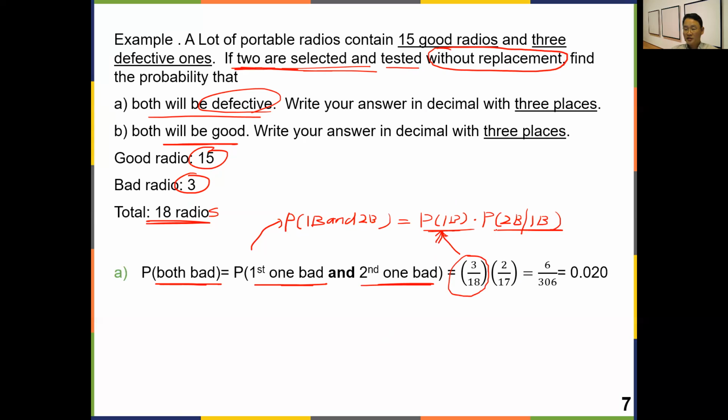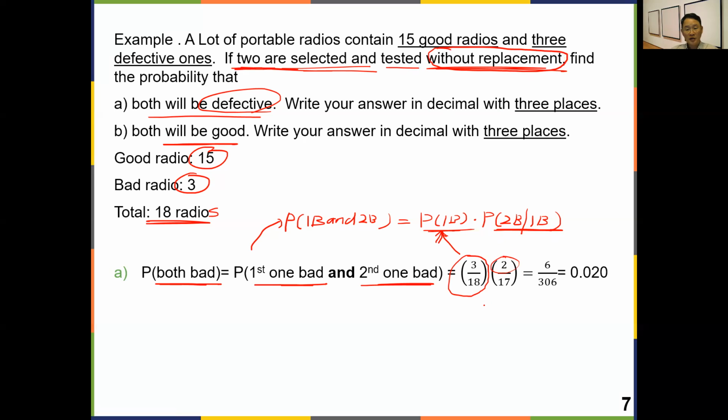What about this? What does it say? The second one is going to be bad, but we have a condition. What's the condition? The first one that you choose is going to be the bad one, and you're not putting it back. Why? Because it says without replacement. So if the first one is bad, how many bad ones are left? You have 2 bad ones left.